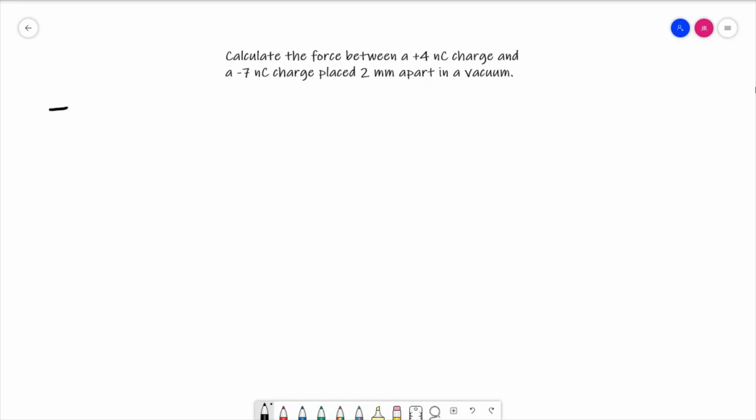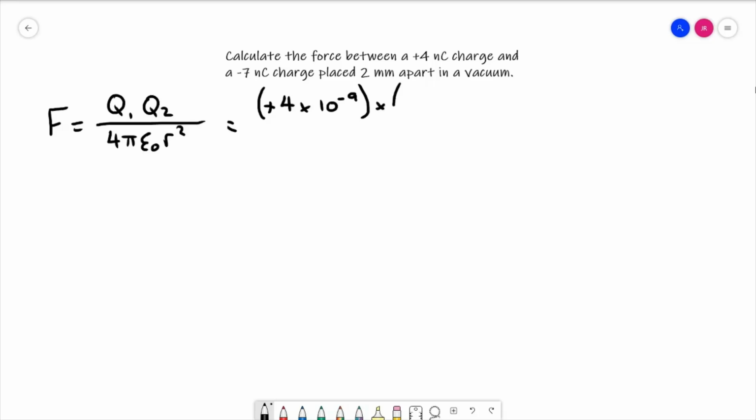If we rewrite our equation, firstly, F is equal to Q1 Q2 over 4 pi epsilon naught r squared, we can pretty much go straight in and start plugging numbers in. Our first charge is plus 4 times 10 to the minus 9, and we multiply that by our second charge, minus 7 times 10 to the minus 9.